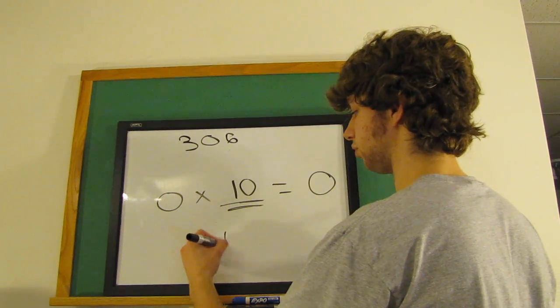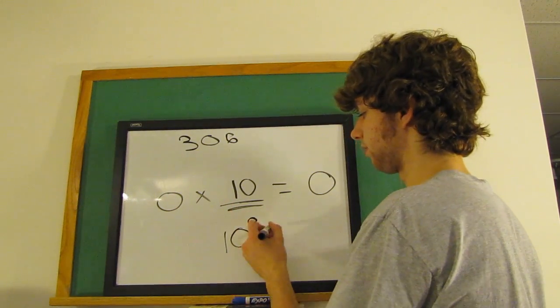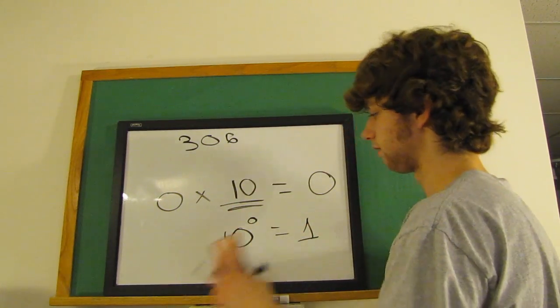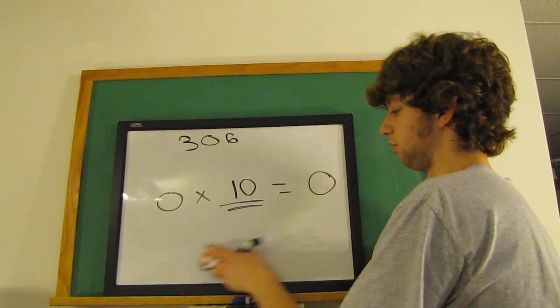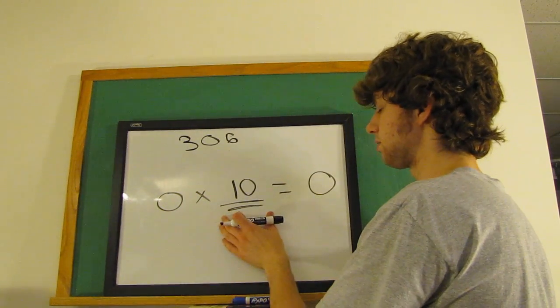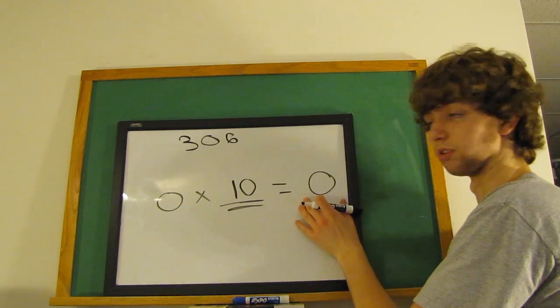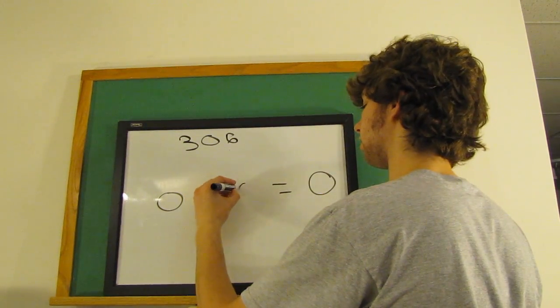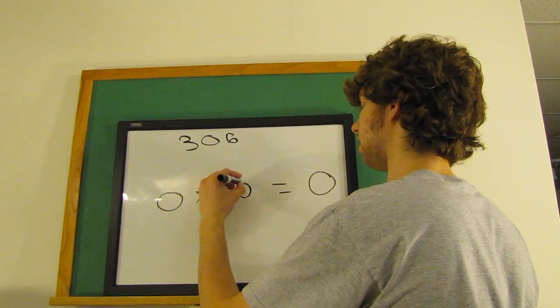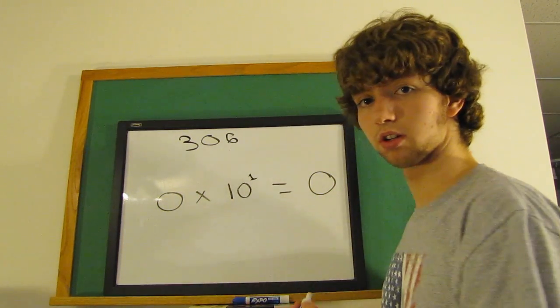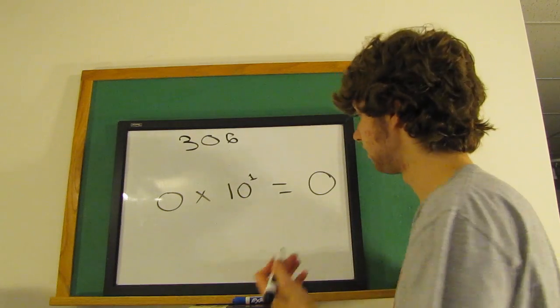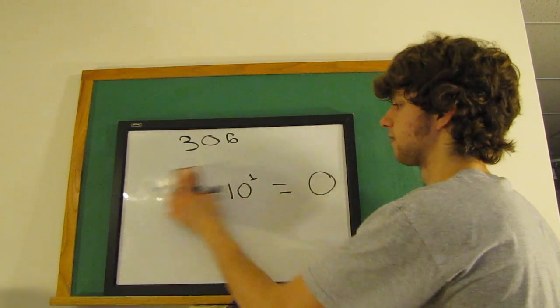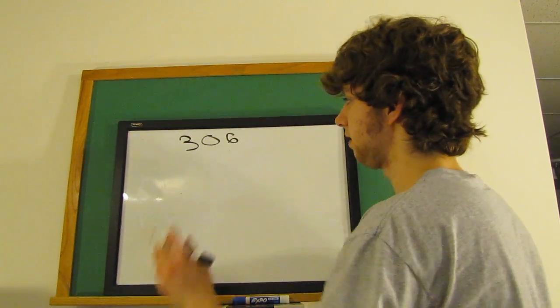But if you're doing something to the exponent of 0, it equals 1. Just remember that. That's kind of confusing, but that's just something to do with math. So 0 times 10 to the first power, which is basically the same thing as 10, is equal to 0. Alright, let's try the next one.